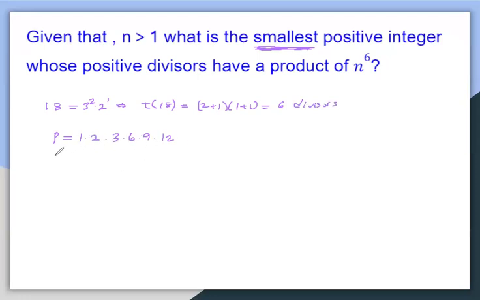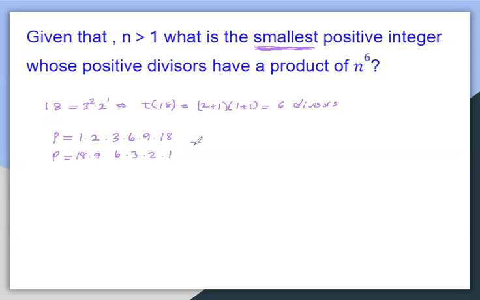Now I'm going to write these numbers backward. Actually, the last one was 12, which is not the case, so it has to be 18. I'm going to rewrite them as 18, 9, 6, 3, 2, 1.